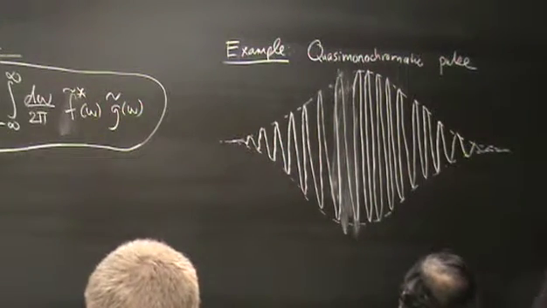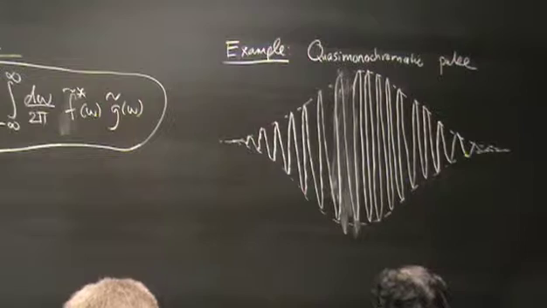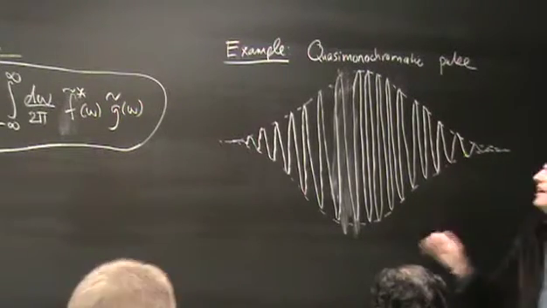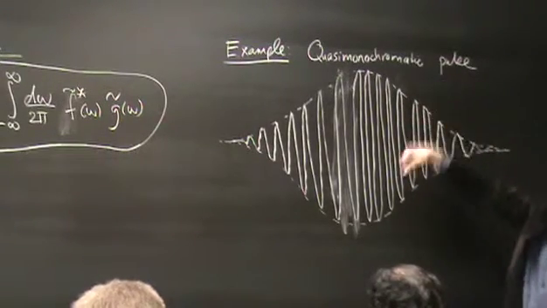What's supposed to happen is that there are many, many oscillations.